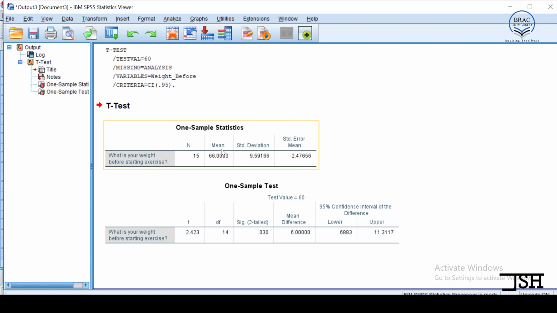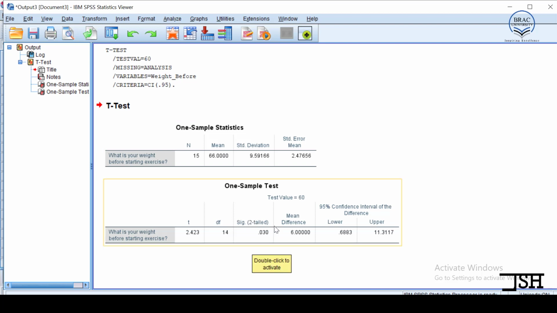I'm sure you have definitely heard of p-value in the correlation and regression class, right? From the last two classes on correlation and regression, by now you definitely know that for a result to be statistically significant, the p-value has to be less than 5% or 0.05. Now where do we find this p-value for this test? Here it is.